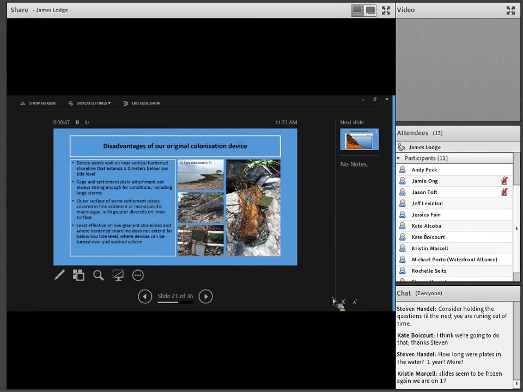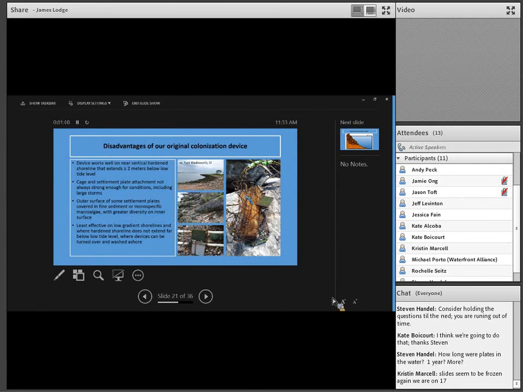The cage itself and the attachment of our sediment plates, which was a difficult thing to figure out, weren't always strong enough for the conditions. On the right there, we have a cage at Brooklyn Bridge Park, which got crushed when Hurricane Arthur was coming up the coast. Some of the plates got lost. We lost a lot of plates and a lot of traps.